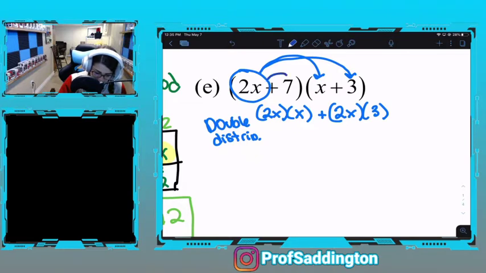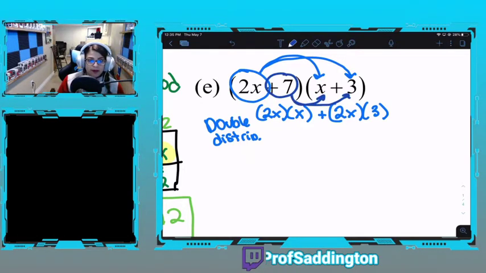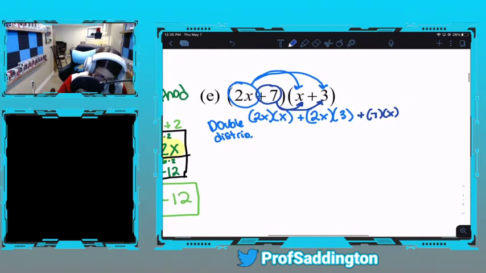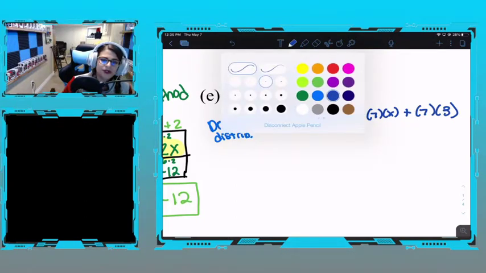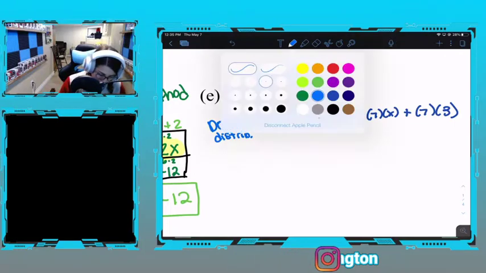And then I take the other term and I multiply it by both pieces in the other quantity. So plus 7 times x plus 7 times 3. And again, the more you do it, you may not even rely on having to write that step out. It's totally up to you.